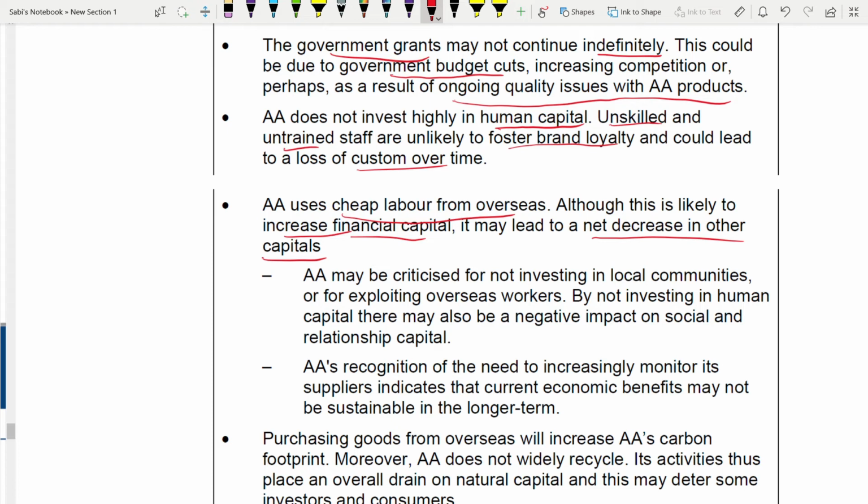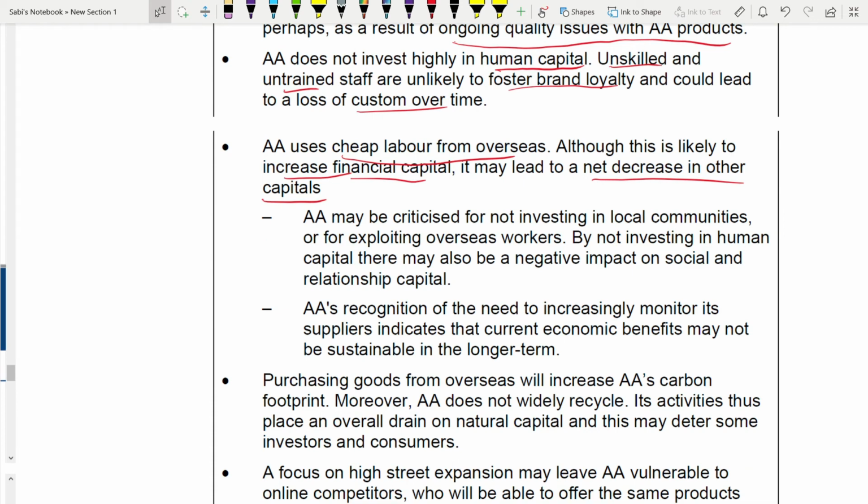How? It's not enough to say it will decrease. You have to show also. You have to prove it. So this point says, even though they are having cheap labor, they are criticized for it. They are criticized in their local communities that they are not investing highly in the labor. Hence, they are exploiting the overseas worker by giving them low wages. So if they don't invest in the human capital, what happens?